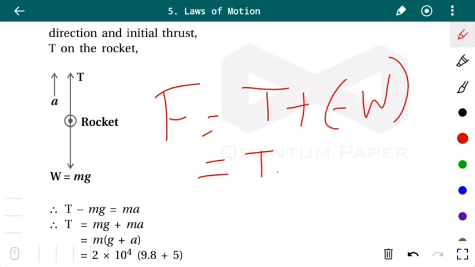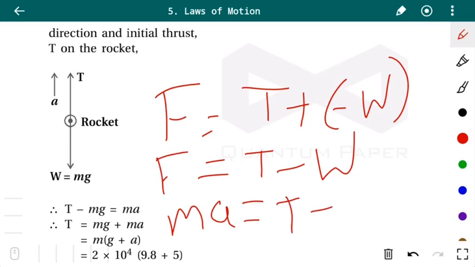So we can write T minus W equals F. Here F equals ma equals T minus W, where W equals mg. So we have ma equals T minus mg. You can see over here in this equation it is written as T minus mg equals ma.